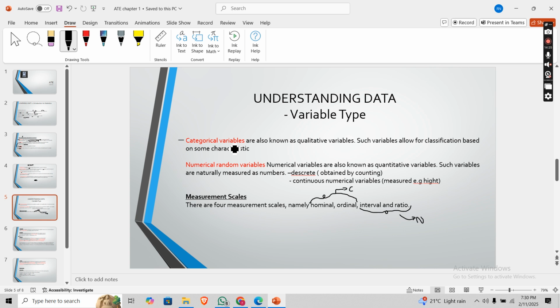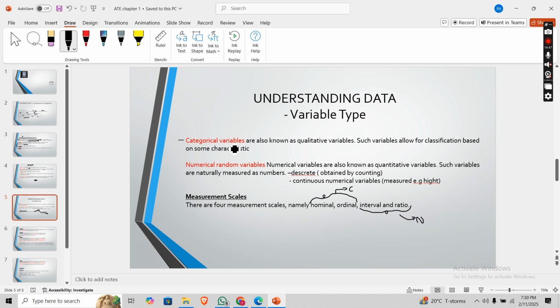Let me tell you the difference between categorical variables and numerical variables, okay? Categorical variables are also known as qualitative variables, okay? Such variables allow for classification based on some characteristic, okay?